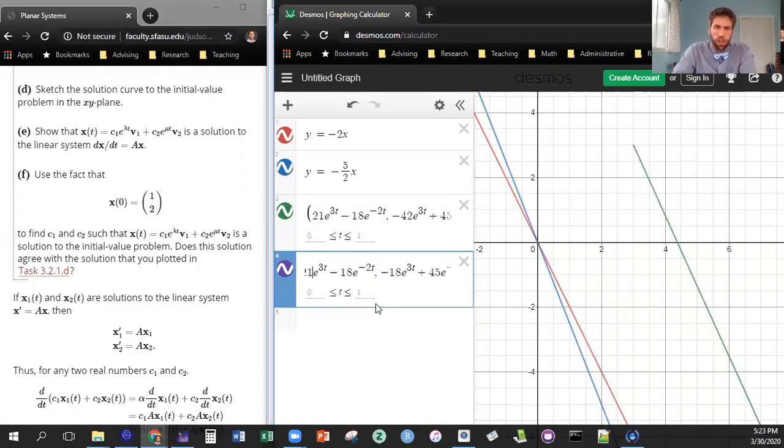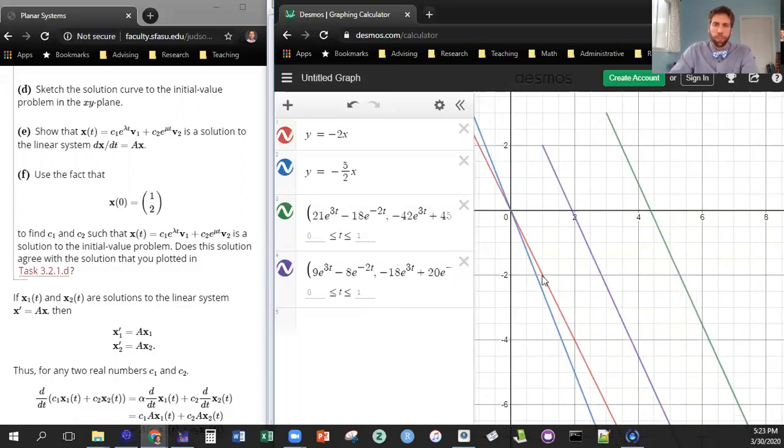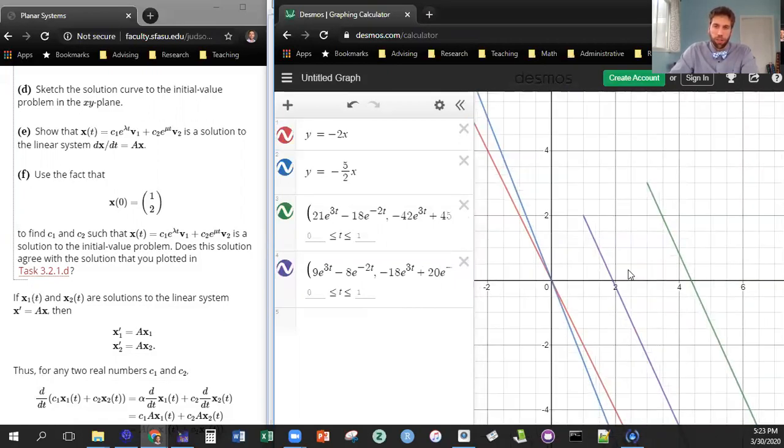And then a 9 there. And then instead of a negative 4 here, negative 2 times negative 4 is 8. And then negative 5 times negative 4 would be 20. So that starts from 1, 2. So that goes that way. Okay, so now we've graphed the other initial condition. And that completes this activity.